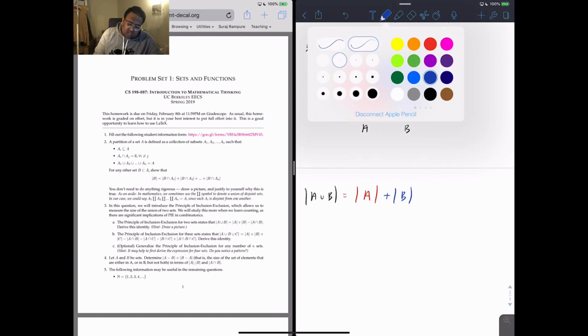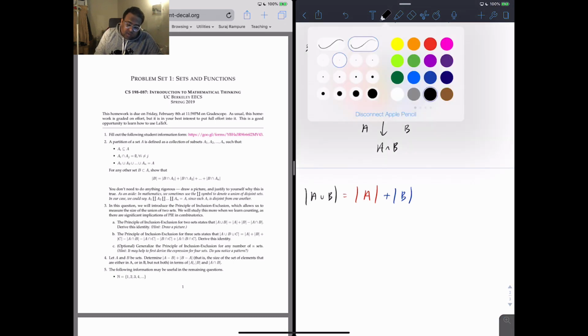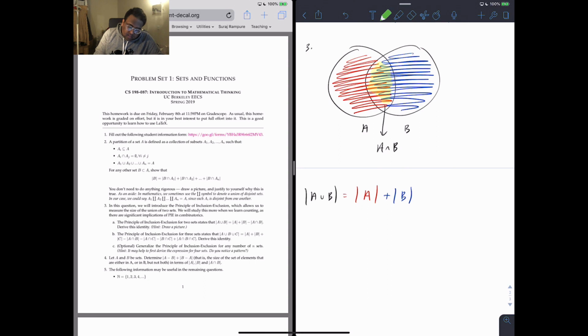The region that's shared between A and B, this region right here, the highlighted region, A intersect B, has been counted twice, right? I counted it once when I counted the cardinality of A, and then another time when I counted the cardinality of B. So I'm double counting this intersection, so I need to subtract the cardinality of this region exactly once so that every piece of the circle is counted just one time.